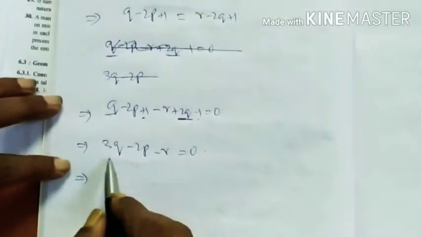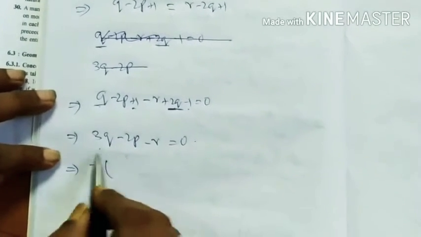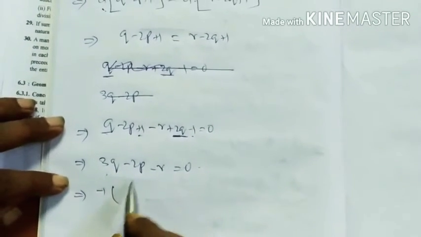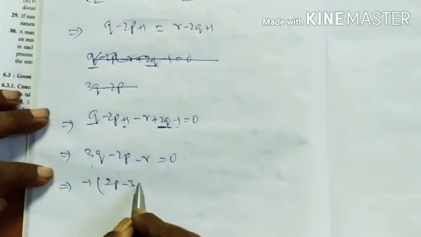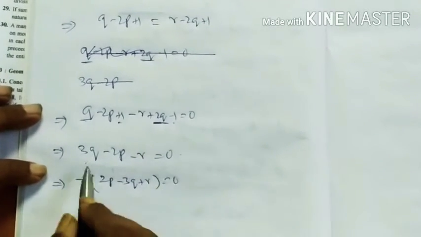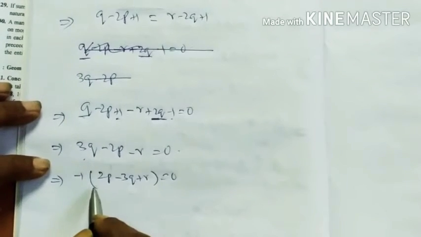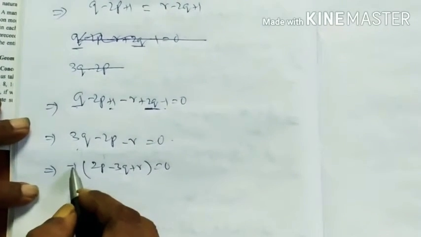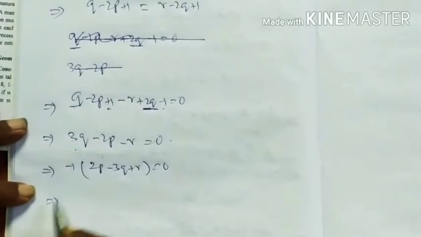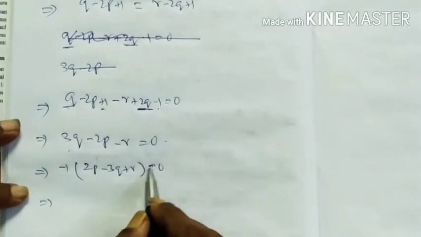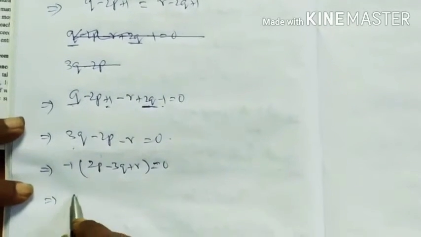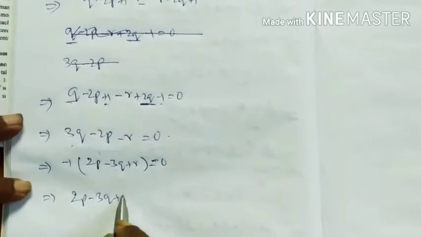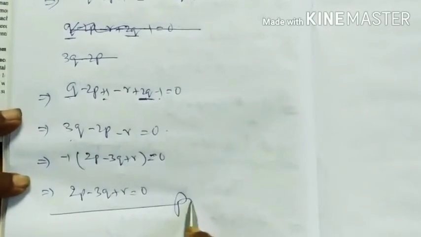It is very easy, just taking minus 1 common. If we take minus 1 common, the signs change. It becomes 2p minus 3q plus r equal to 0. The plus becomes minus and minus becomes plus. Proved.